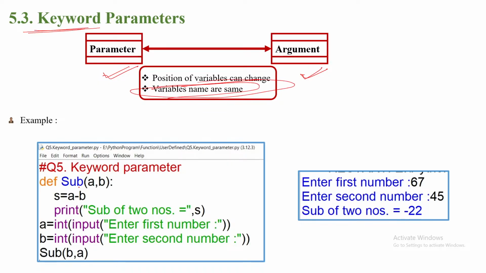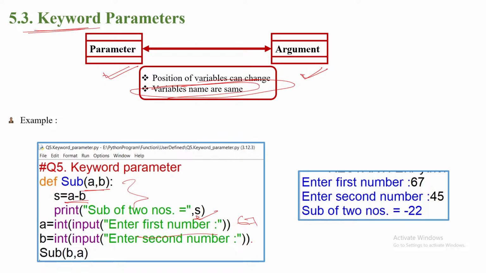Just like def sub(a, b): s = a minus b. A minus b means subtraction. In this function, what we are doing is subtraction. So subtraction of two numbers is s. Now we will say, enter first number. What is the first number? 67. Enter second number.